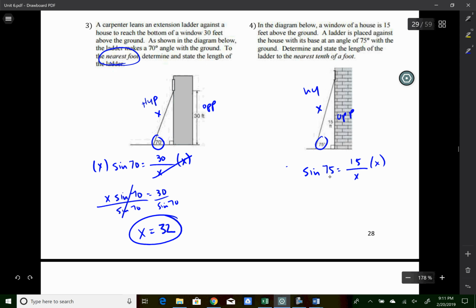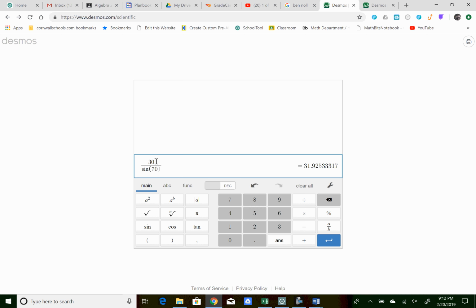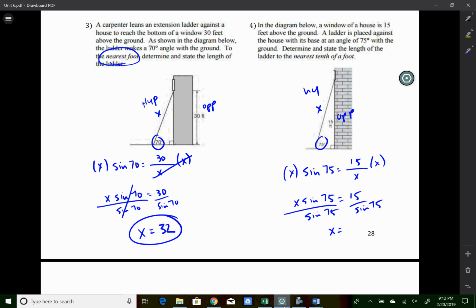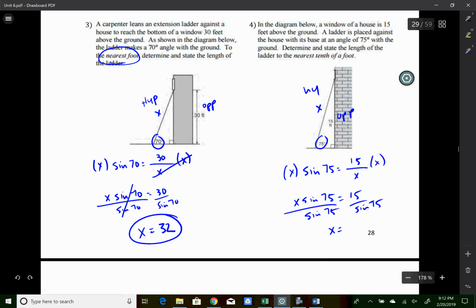Multiply both sides by x, so I have x sine of 75 is equal to 15. Divide both sides by the sine of 75, and again, use that calculator of ours. 15 divided by sine of 75 is 15.5, and it says nearest foot, so round up to 16 feet.